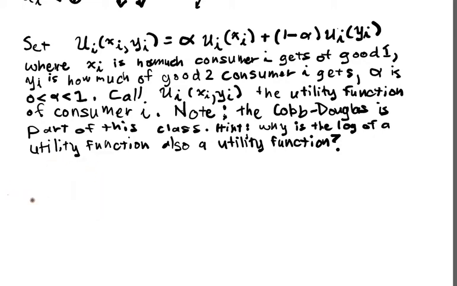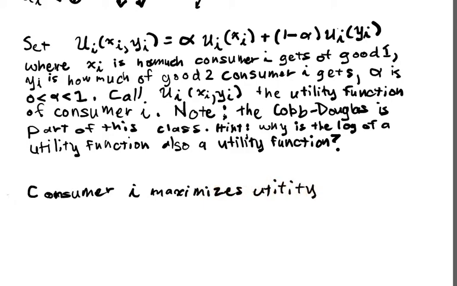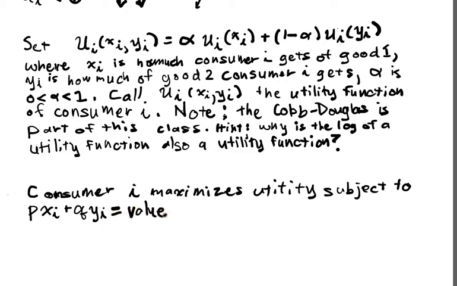So now consumer i maximizes utility subject to P x_i plus Q y_i equals value of endowment i.